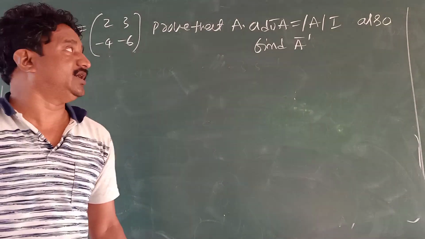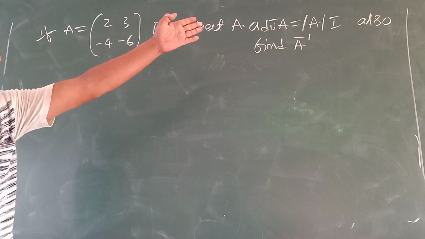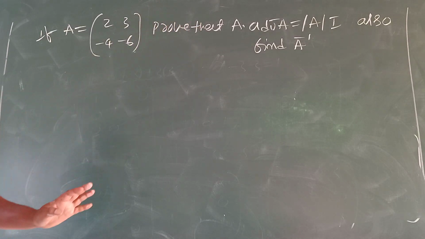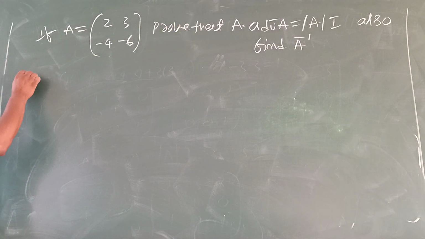A into adjoint A is always equal to det A into I. Let's go for that.